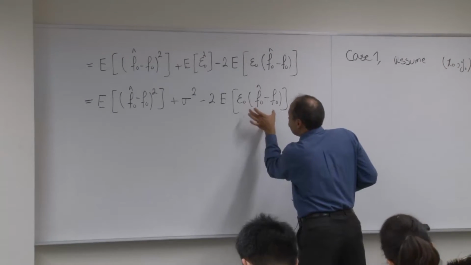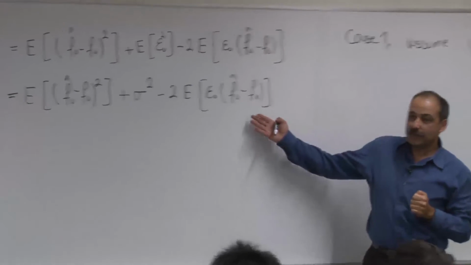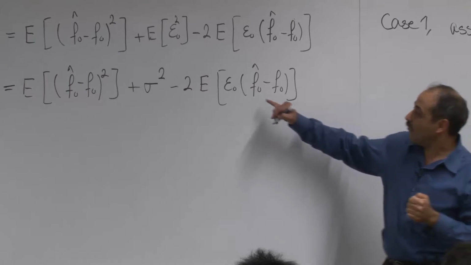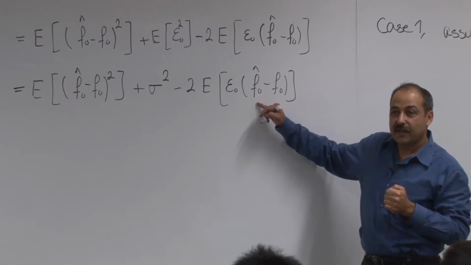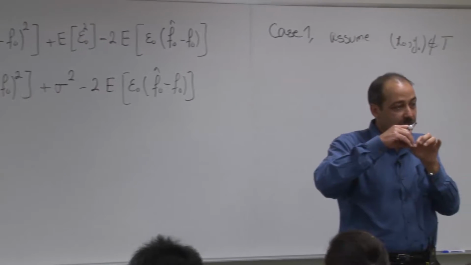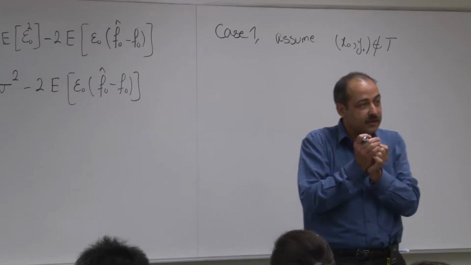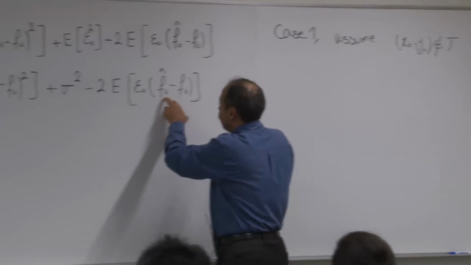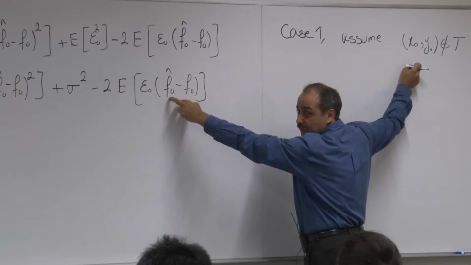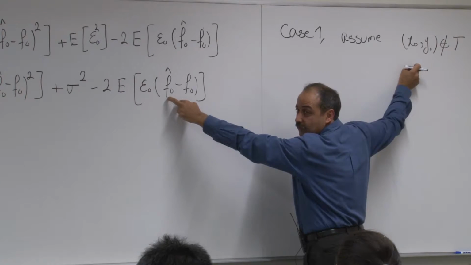See what's going to happen here for this cross term. F hat is estimated based only on the points that are in the training set, right? I mean, F hat is completely independent from this point, because I haven't used it.